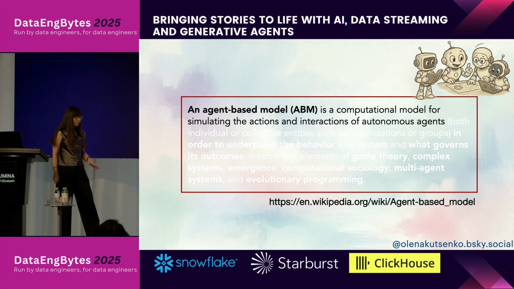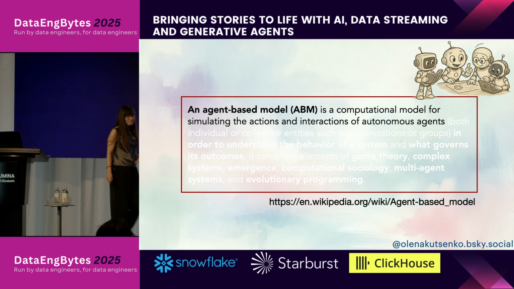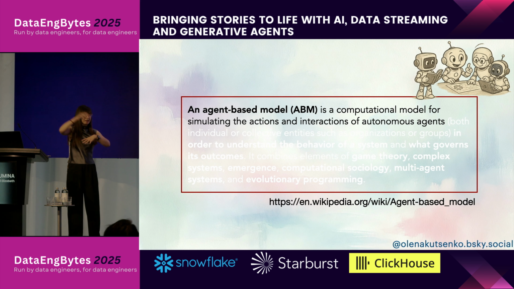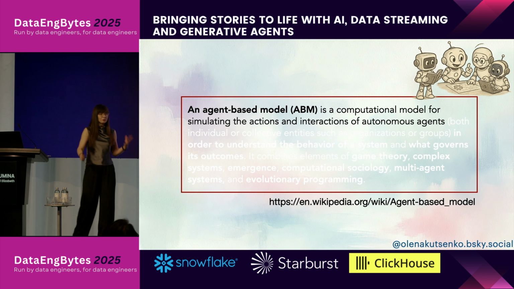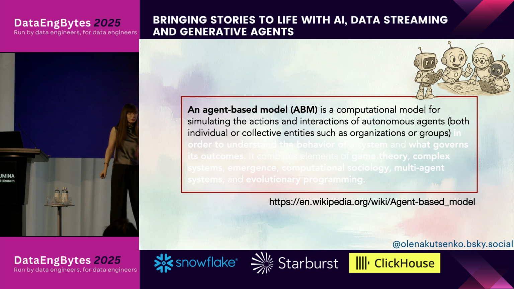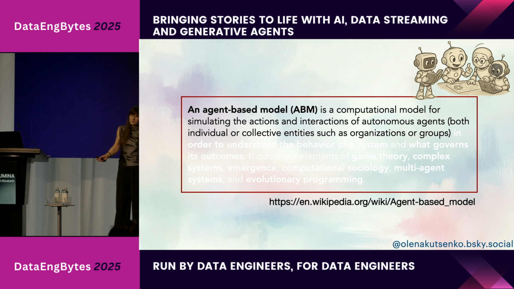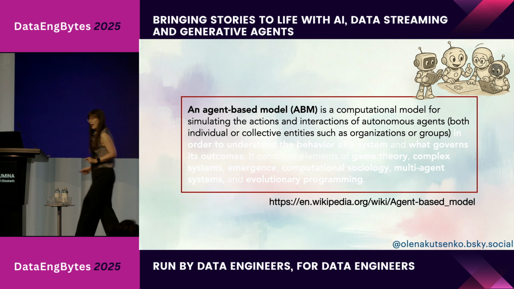But what is it? This is the definition from Wikipedia, not from ChatGPT. An agent-based model is more or less a computational model to simulate different activities using agents. Those agents can be individual agents, but also organizational groups. We can simulate a whole country, depending on the size of the country. We can do it for Australia, I guess.